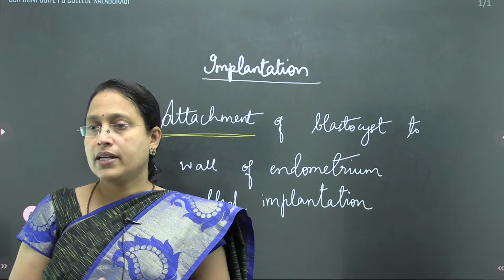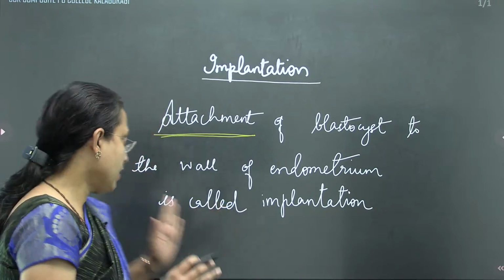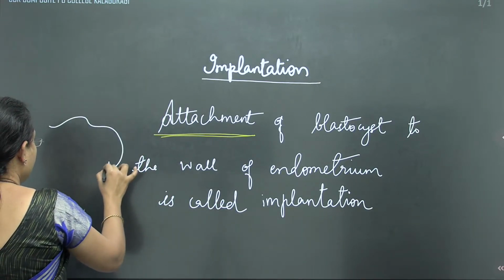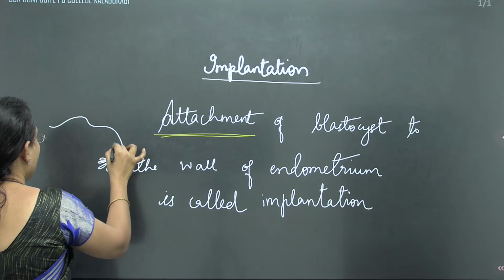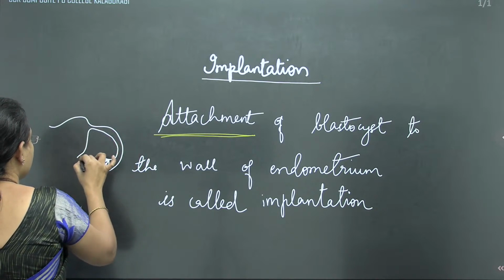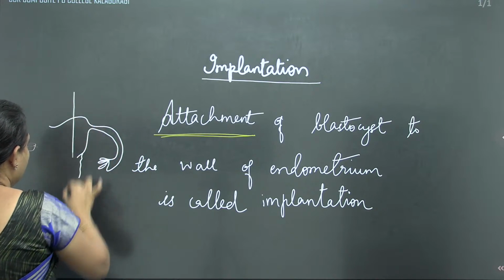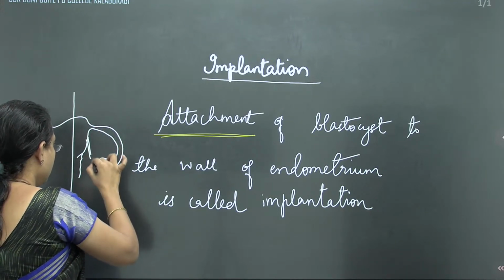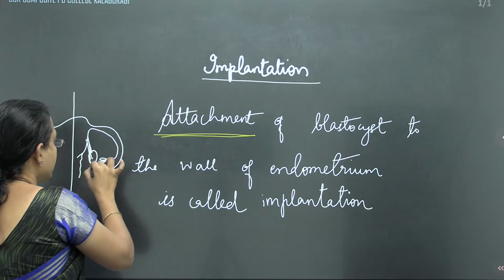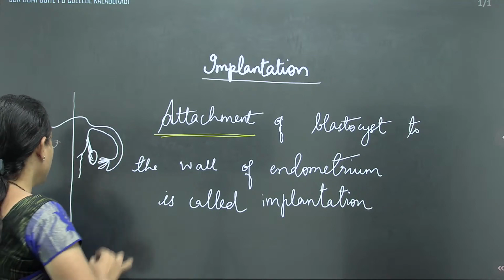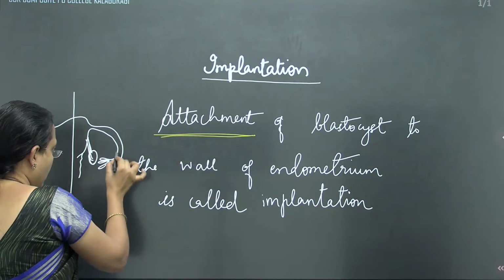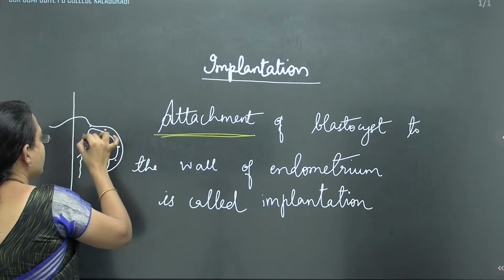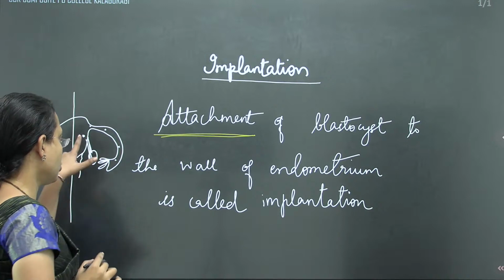So where does it implant? In the female reproductive system, this is the fimbriae, this is the uterus and the vagina. As the zygote divides, it forms an early embryonic stage called blastocyst.